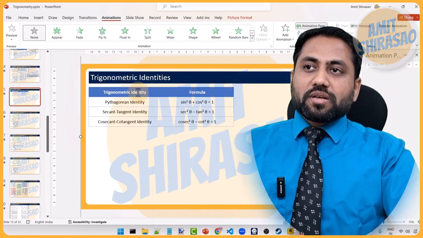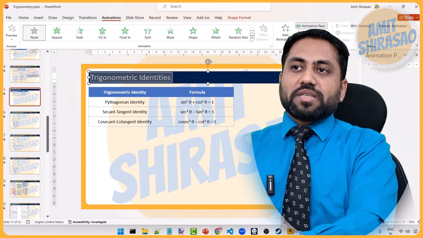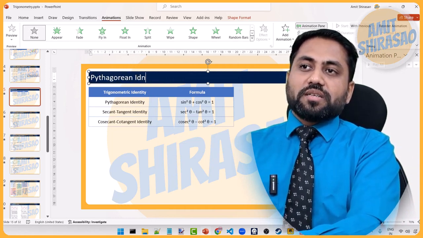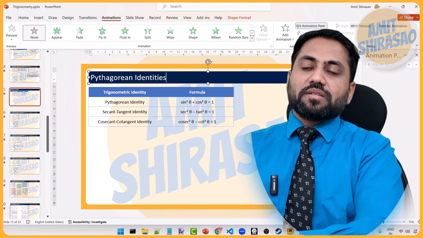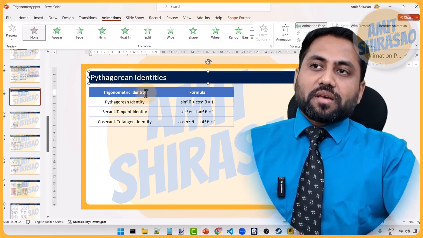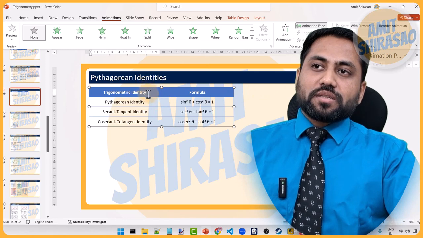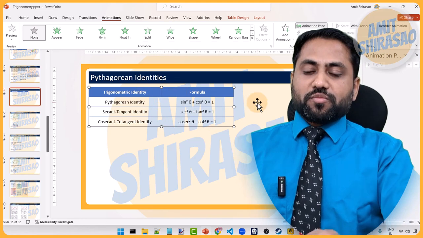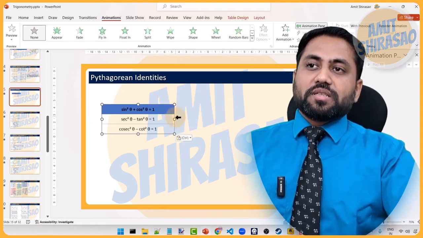So let's call these Pythagorean identities. Okay, and these are those identities. I'll just copy this part. I'll remove the whole thing. Yeah, these are Pythagorean identities.